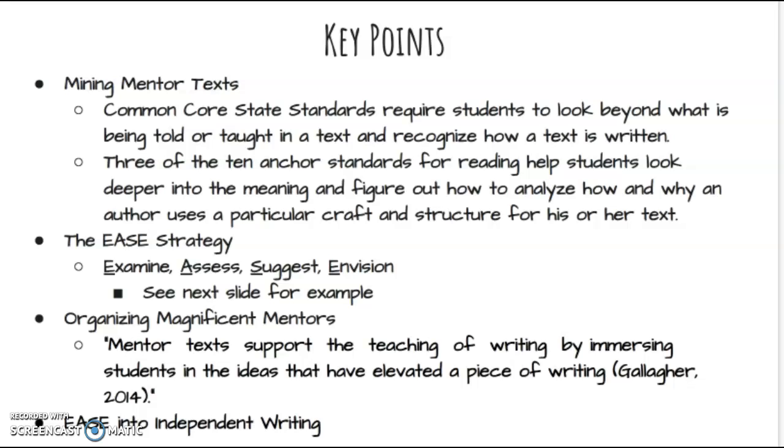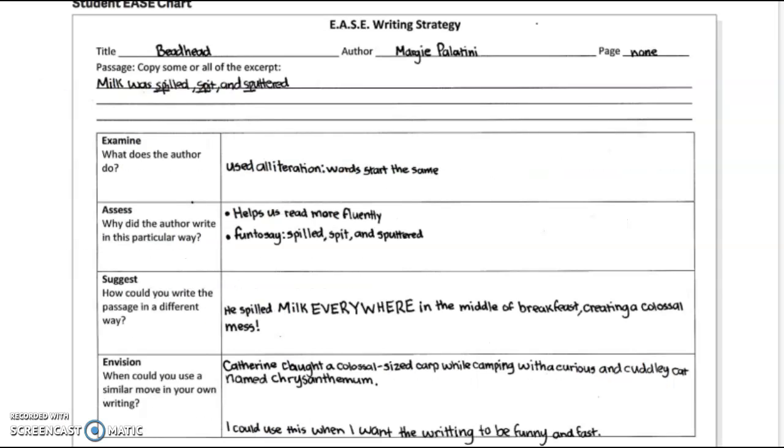And on this next slide, like I said, is the example of the EASE writing strategy with the student EASE chart. And it shows examine, which is what does the author do? The student said that the author used alliteration, which is when words start the same.